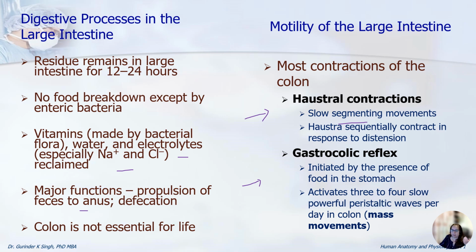So for distension, the gastrocolic reflex is initiated by the presence of food inside the stomach, and then this can activate 2 to 4 times more powerful peristaltic motions in which there is a mass movement of the colon. This is much more obvious in infants. If you have noticed in your younger children, infants, that when you feed them, they actually poop at the same time or just immediately after they are fed.